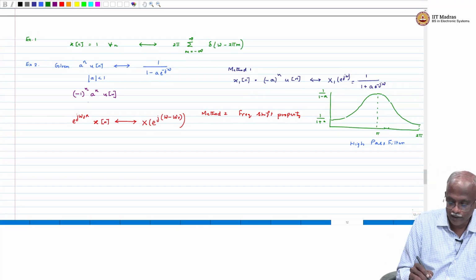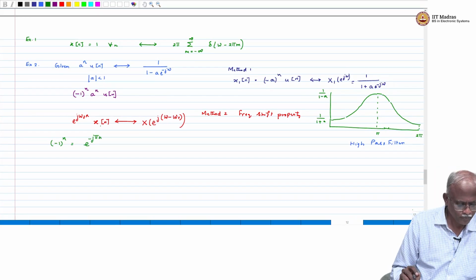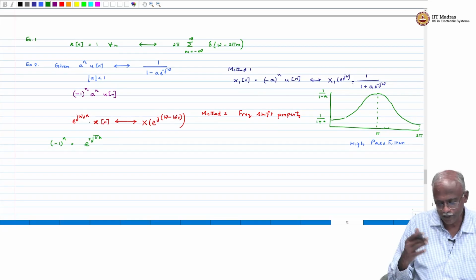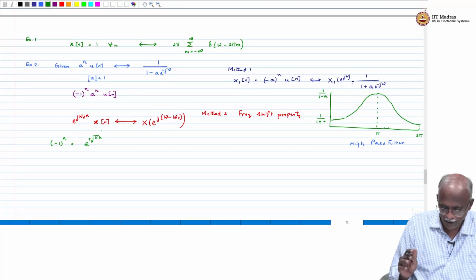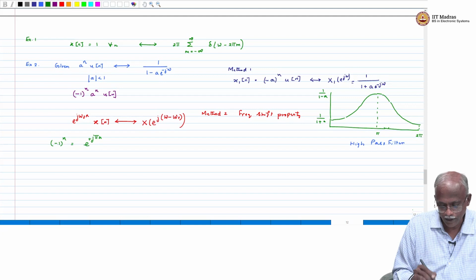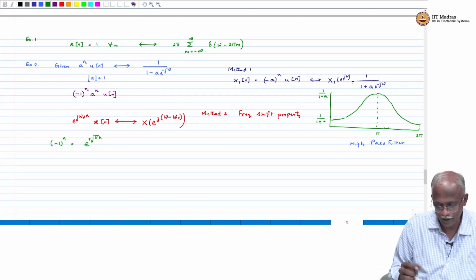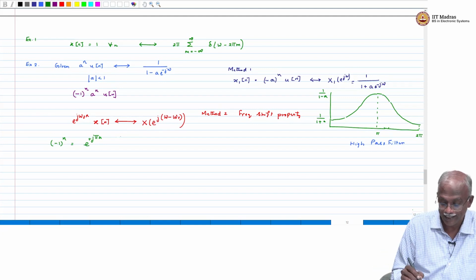Now, if you look at this, minus 1 power n is the same as e power minus j pi n. Okay. So, this is e power minus j pi, plus pi or minus pi does not matter. E power j pi n is a way to represent minus 1 power n. You can do a quick check to see that this is coming correctly.